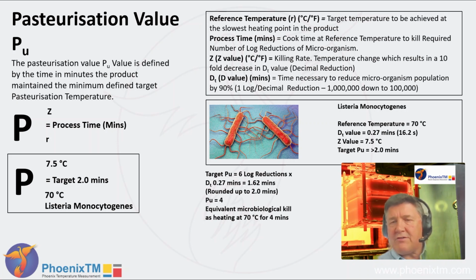So if our decimal reduction time is, for instance, 1 minute, and we increase the reference temperature by Z, that decimal reduction time will change from 1 minute to 0.1 minutes. The decimal reduction time, as I've said before, is the time necessary at the reference temperature to reduce the population of the microorganisms by 1 order of magnitude, 1 log, or 90%.